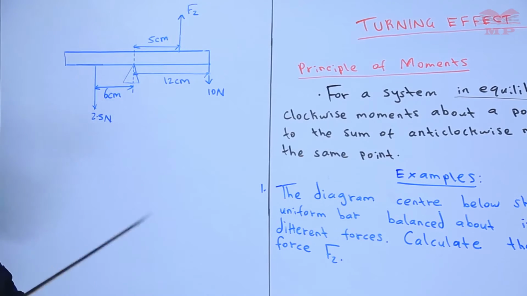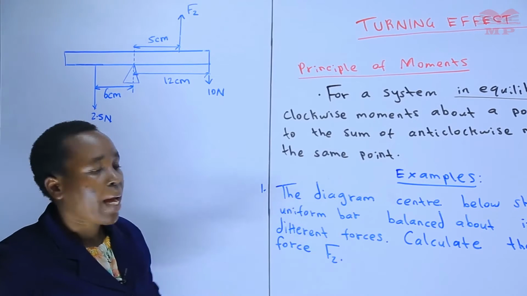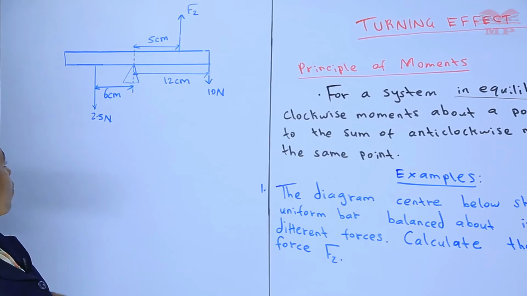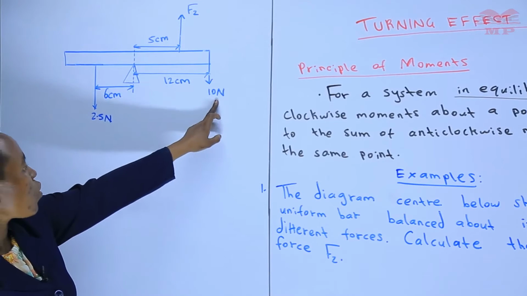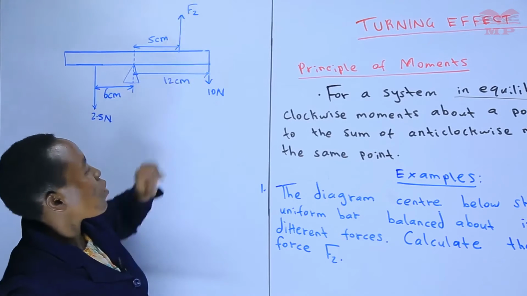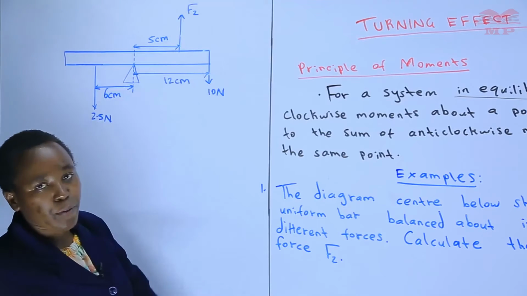So that's the question. We want to go through it. We are told that the uniform bar is balanced at its center by different forces. You can see we have a force of 10 newtons, 2.5 newtons, and a force F2. We are told to calculate the unknown force F2.